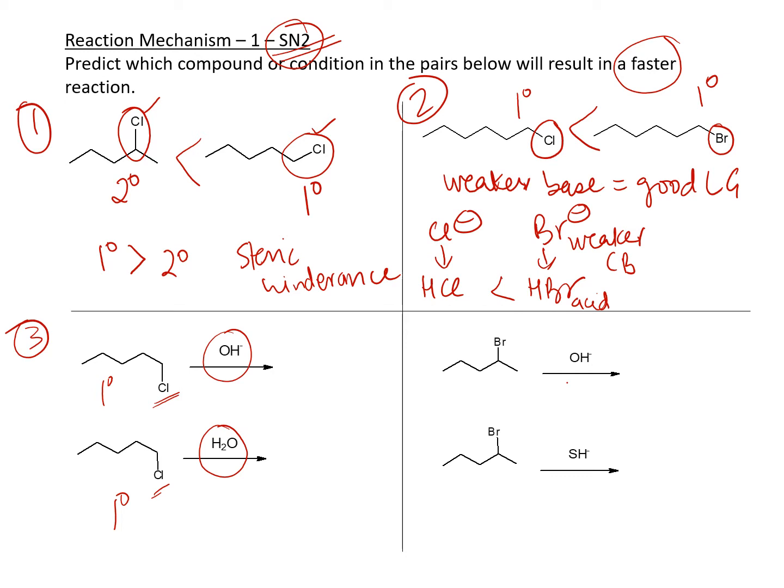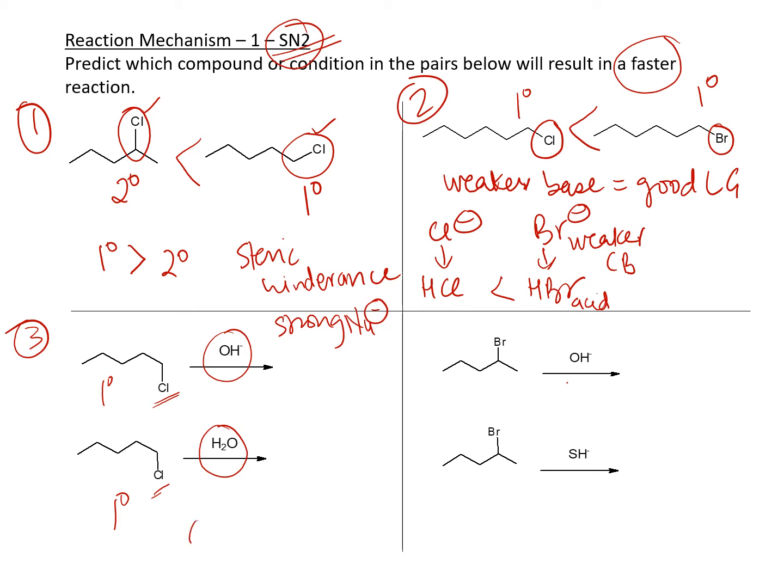Now, since we're looking at an SN2 substitution, I need to have a strong nucleophile. Why do I need a strong nucleophile? Because in SN2, the nucleophile is actually part of the reaction rate, which means it's part of the transition state. It's part of the rate determining step. So all of that means that I need to have a strong nucleophile.